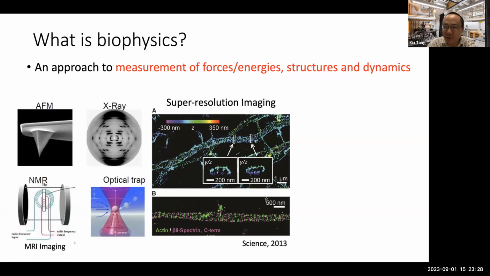This 7 to 10 nanometers is exactly the resolution limit that can be viewed by super resolution imaging. Previously, using the conventional microscope, we didn't see that. Only by super resolution imaging can we see this periodic structure. Later on, people found this structure is used to sustain the geometric stability of the neuron.